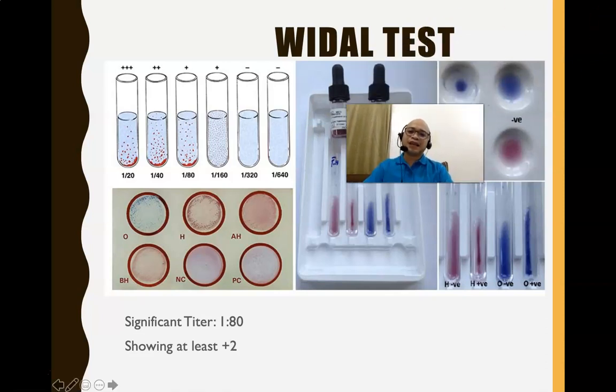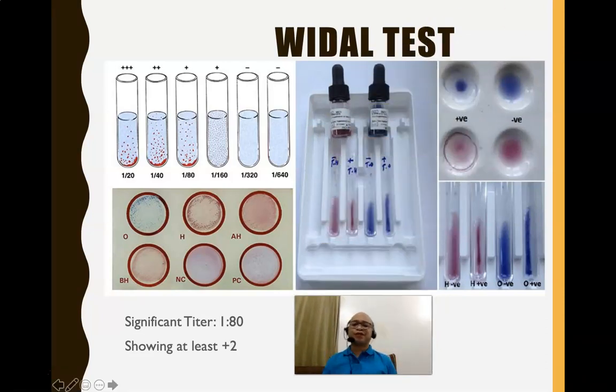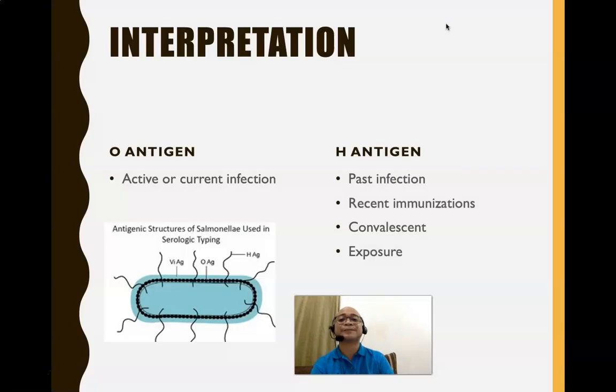So actually, there are several ways of doing the Vidal test. So of course, tube method is preferred over the slide method. Okay, and in the slide method, you can also do it in the Vidal plate. Okay, so this particular test is an example of direct bacterial agglutination test.